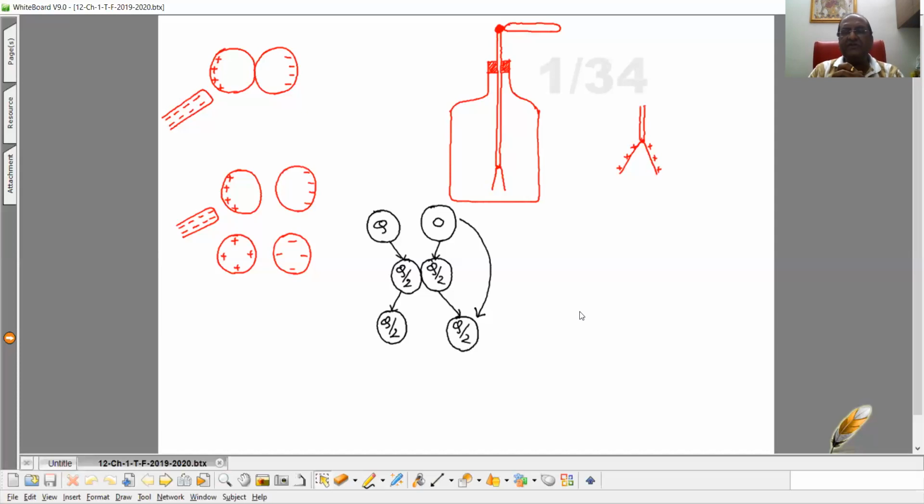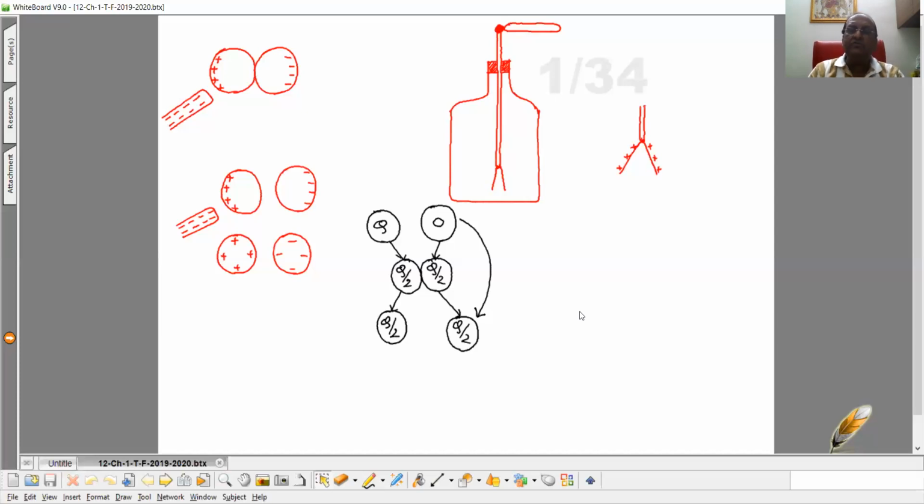But experiments show that these two types of charges have the tendency to nullify the effect of each other, and therefore scientist Benjamin Franklin suggested that the charges be called positive charges and negative charges.